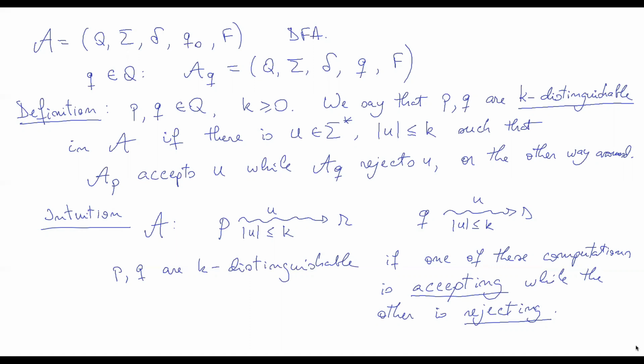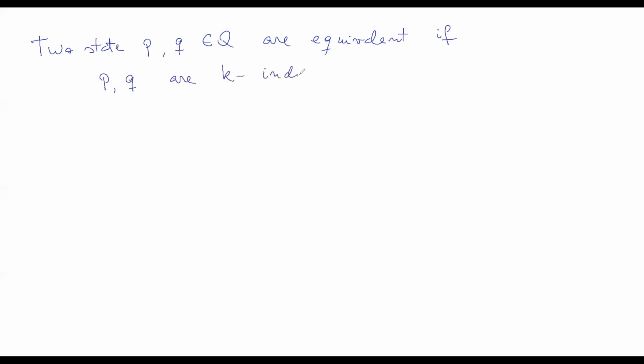Once I have this concept, I also say that two states P and Q are equivalent if P, Q are k indistinguishable, meaning they are not distinguishable, they are not k distinguishable for any k.